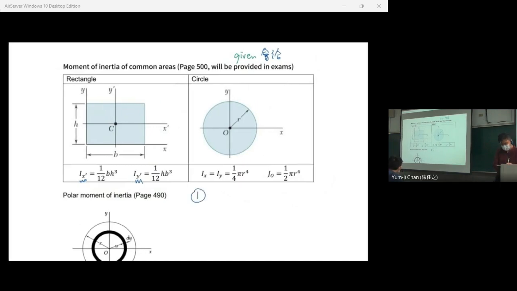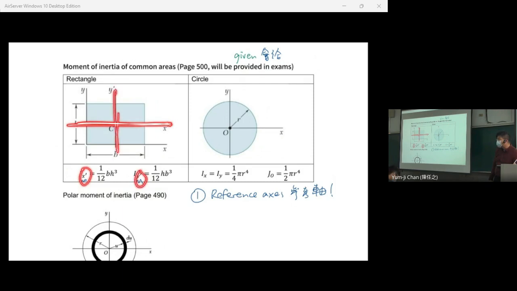You need to remember two things. One is the reference axis. Here x prime means this one, and y prime means this one.